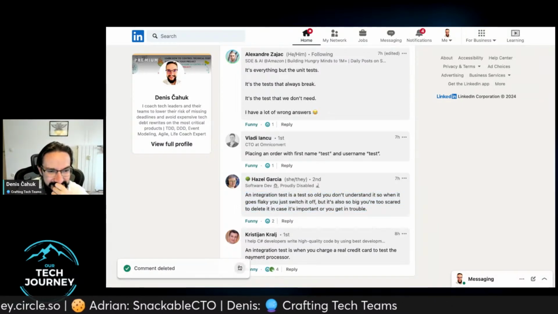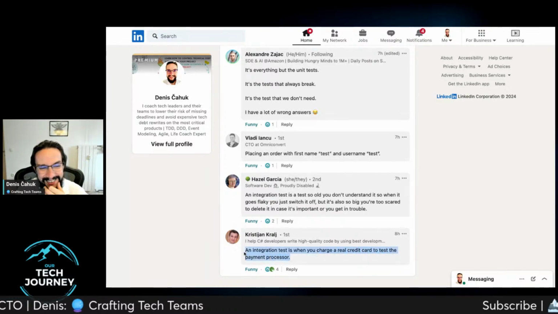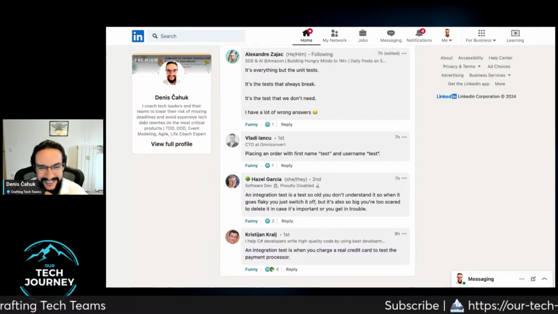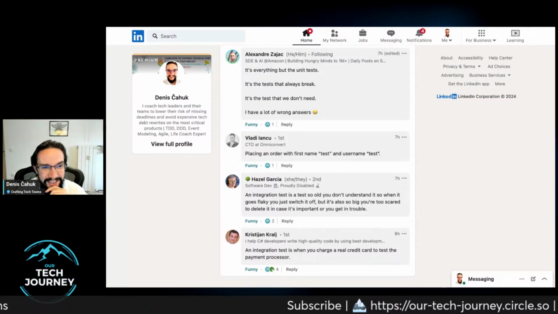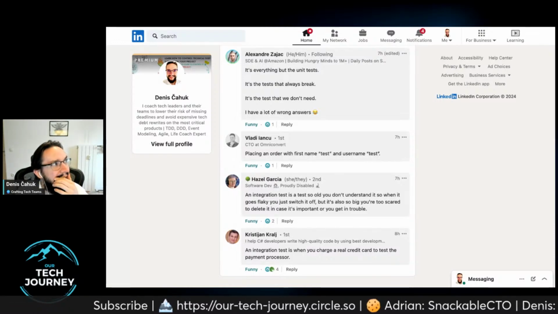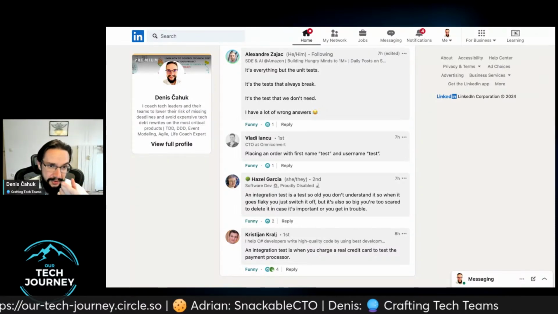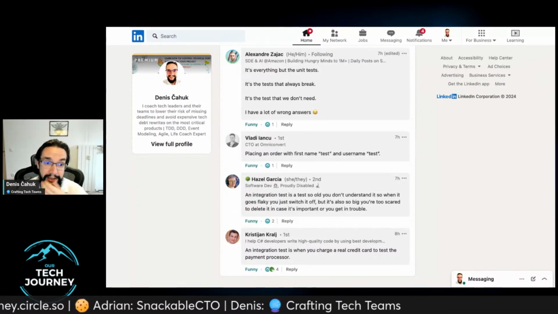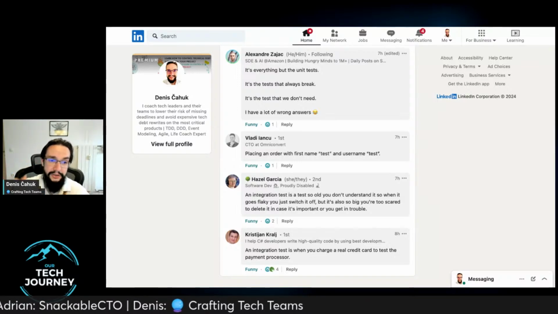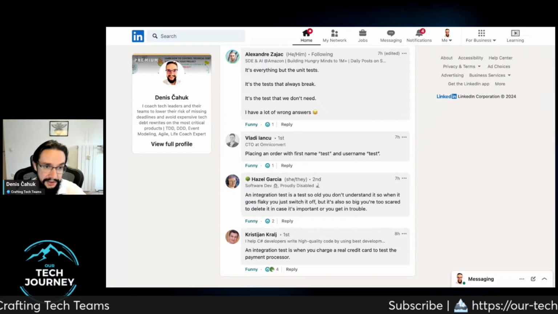Christian mentions an integration test is when you charge a real credit card to test the payment processor. I like that one. A bit tongue-in-cheek. I have seen people do that. When I use smoke tests, I sometimes just say, let's do an end-to-end check. If you have zero trust in the system, let's do a test that hurts to really convince us that it works.